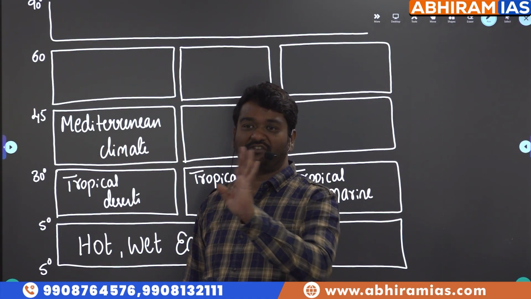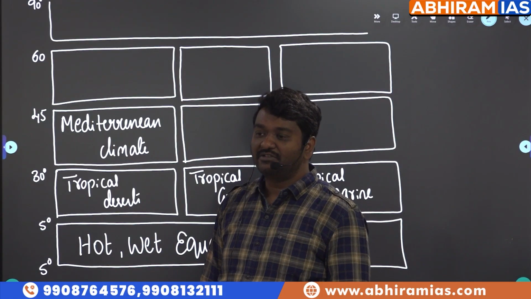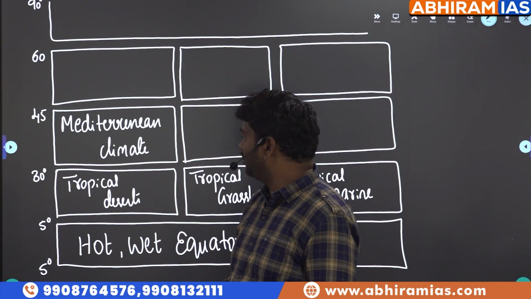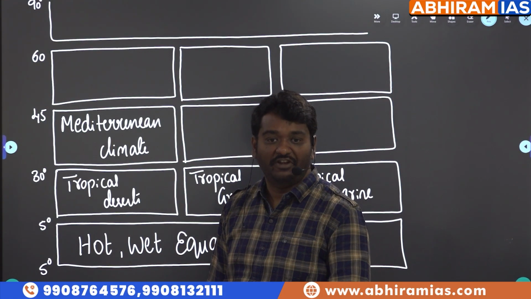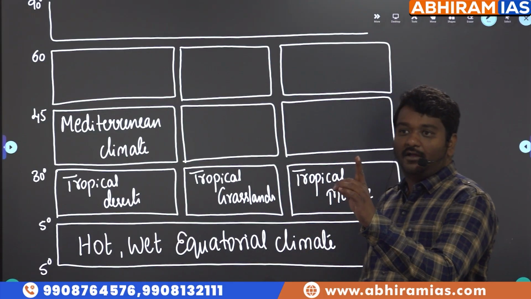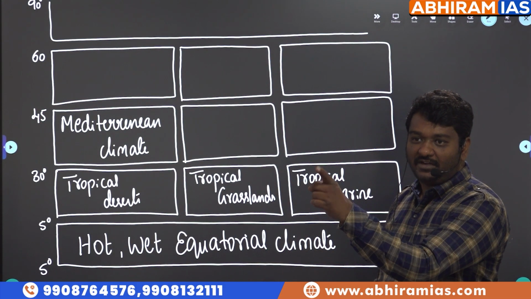Mediterranean climate is on the western side. It gives rainfall during which one? Winter season. Punjab, Haryana on the western side.